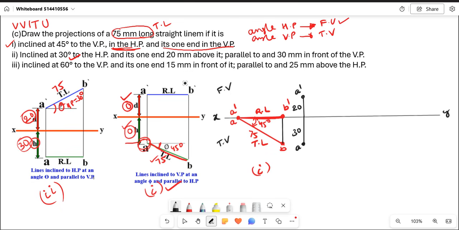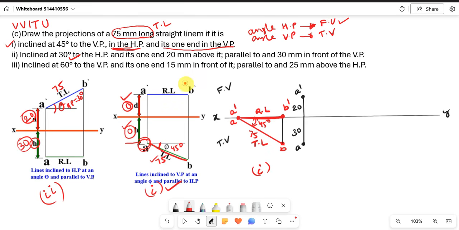After that, because here the line is inclined to HP, the angle we can get in the front view. Hence in the front view, before drawing the line with the true length and true angle, at A dash you first draw a small line parallel to the XY line like this, because we need to show the angle here.